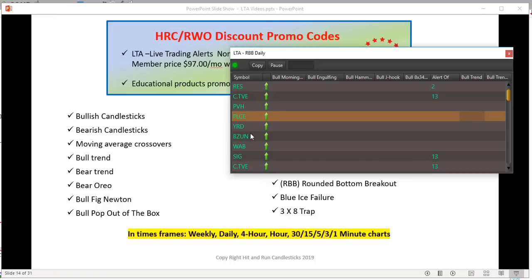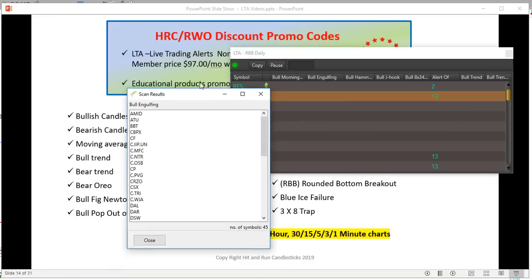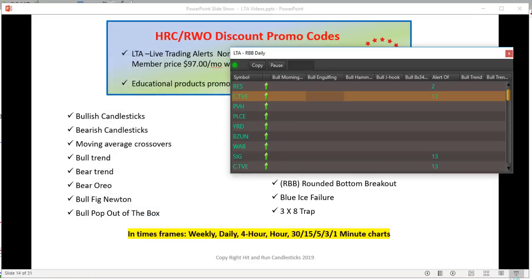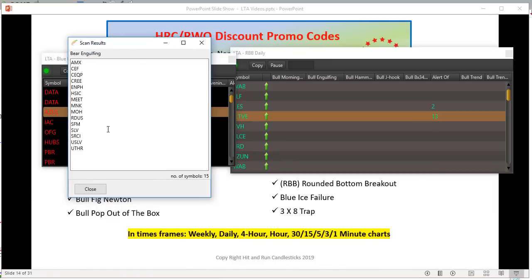But if you want to see what's in the list, just take your mouse and click on that, and it will bring up the criteria results. Like here's the bearish that I showed you. If you click on that, it'll bring up all the results that are meeting the criteria that you've set.